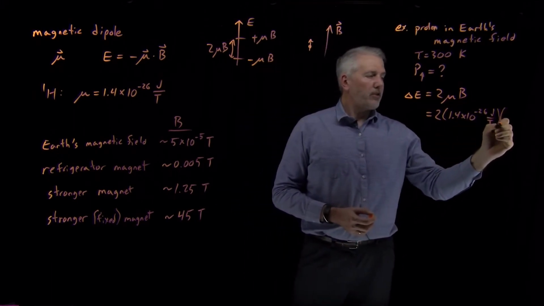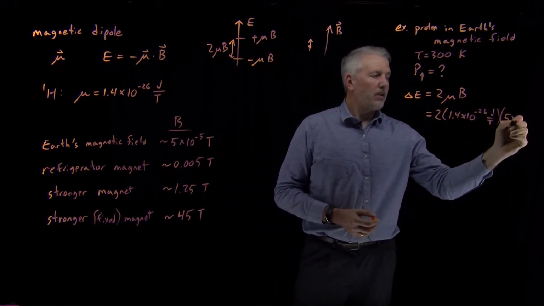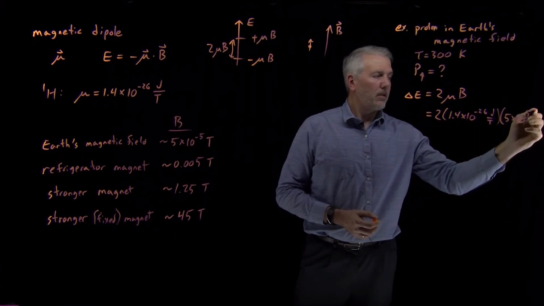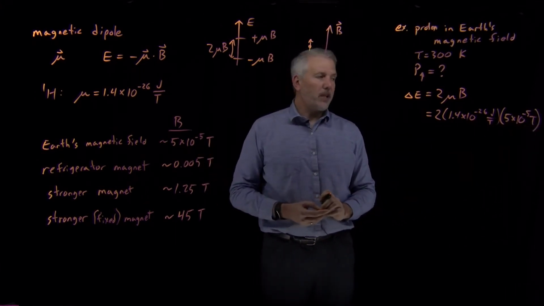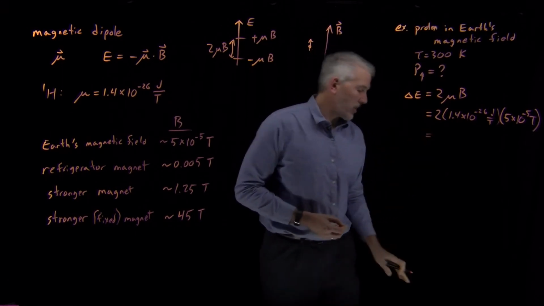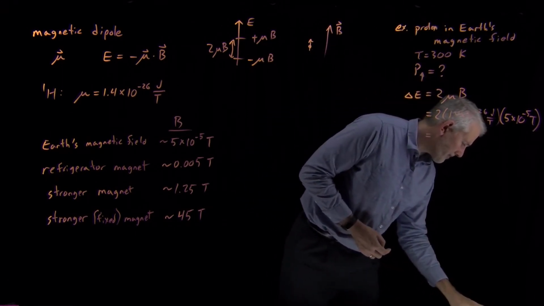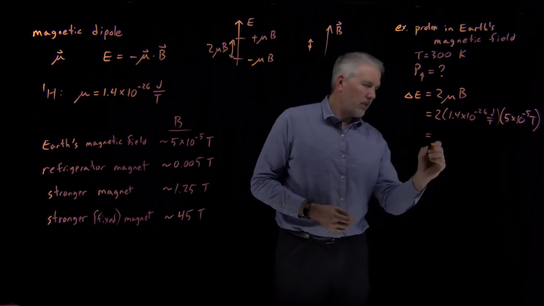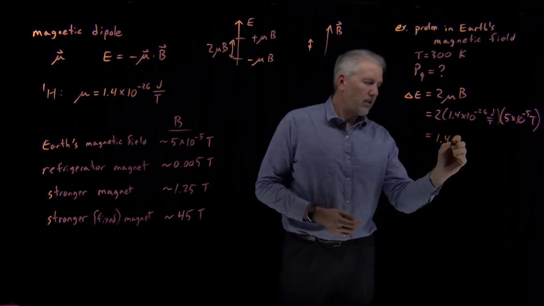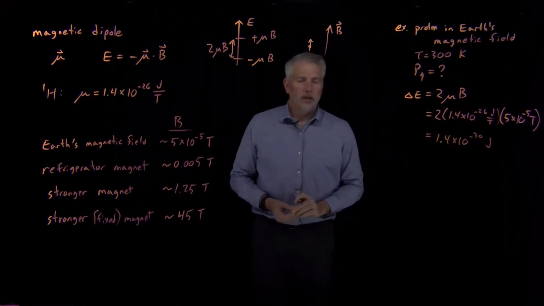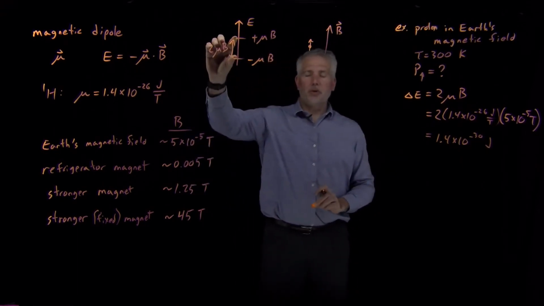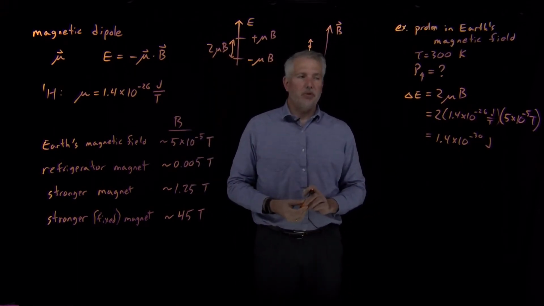The magnetic field strength is 5 times 10 to the minus 5 Tesla for the Earth's magnetic field. So this number works out to be 1.4 times 10 to the minus 30 joule. That's the difference in energy between those two states.